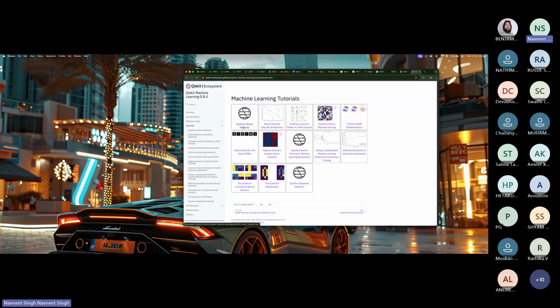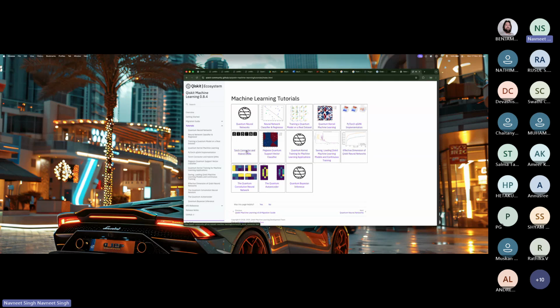This is the quantum neural network tutorial, on how to use it in different formats for different problems, classifiers or regressors, and how to train your quantum models on real quantum hardware. This is the QSVC kind of thing. This is the GAN model.